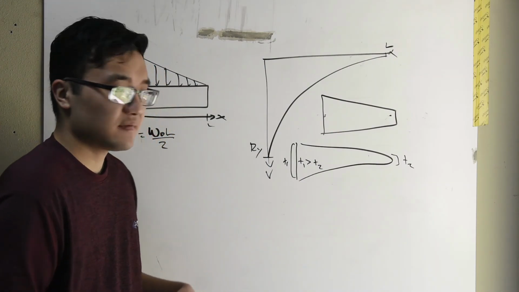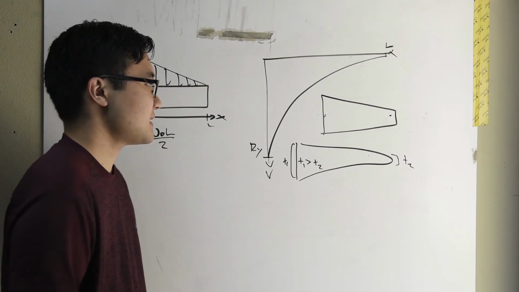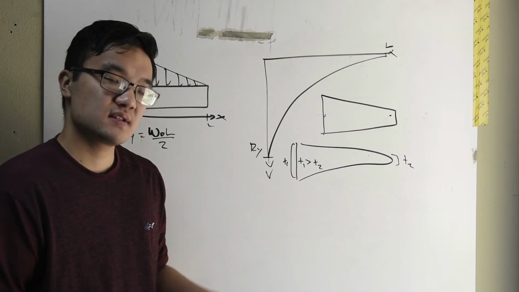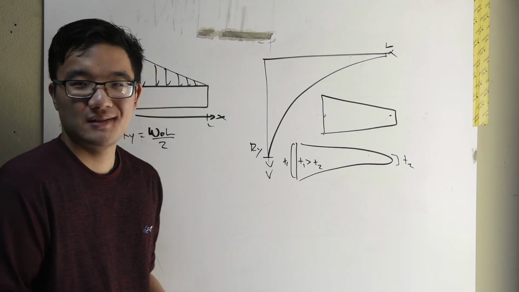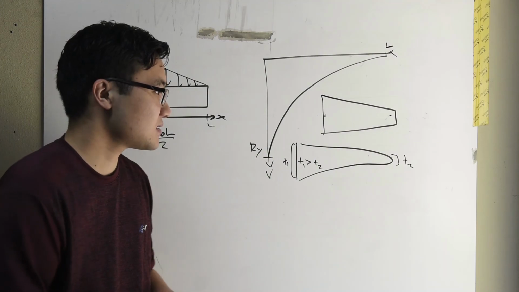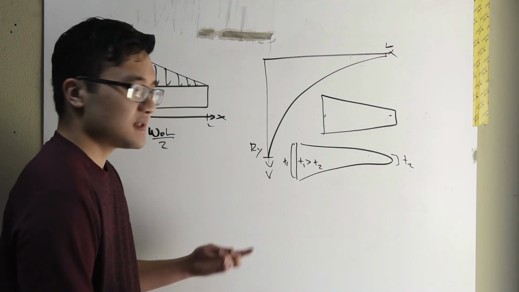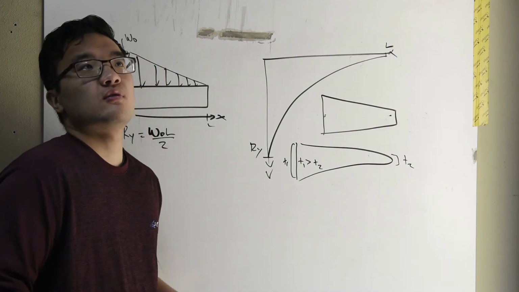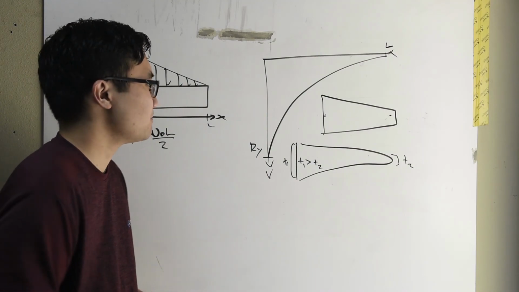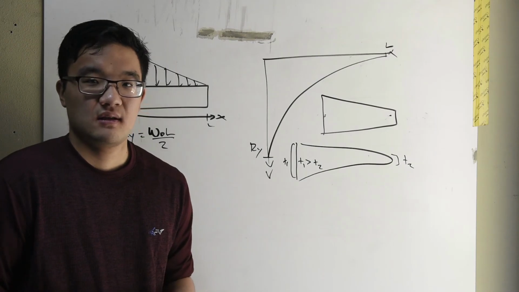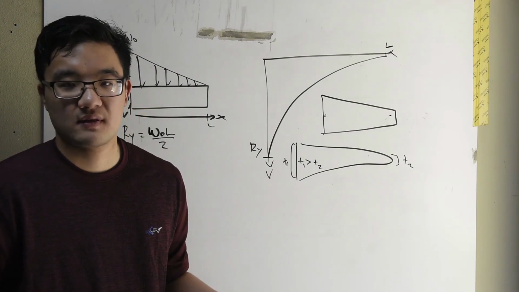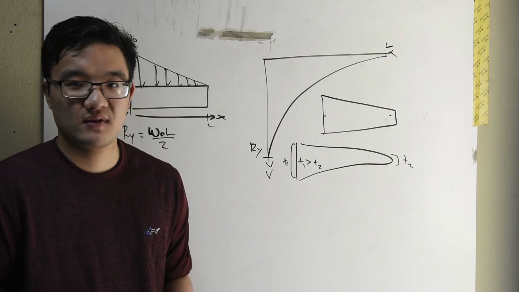And you can make a lot of these assumptions, a lot of these analysis points by understanding how your internal forces are as a function of span length, or distance along the wing. And this is going to become even more crucial as we talk about moments. Because again, you're not just resisting a force, you're resisting a moment. But the moment diagram behaves roughly the same. And we'll talk about that next video.